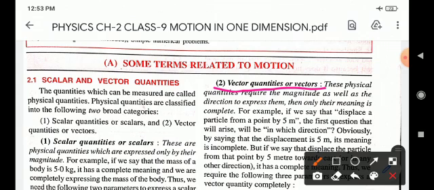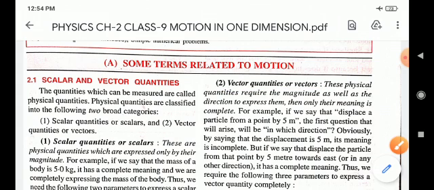These physical quantities require the magnitude as well as the direction to express them; only then is their meaning complete. Another meaning of vector quantity: the physical quantities which have both magnitude and direction and obey the laws of vector addition are called vector quantities. Or a vector quantity is specified by a number with a unit and direction.